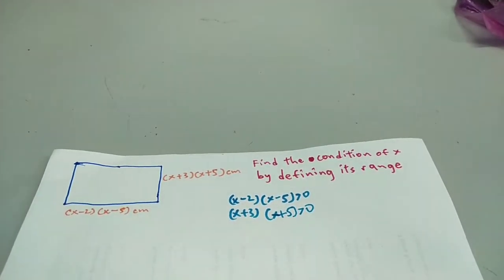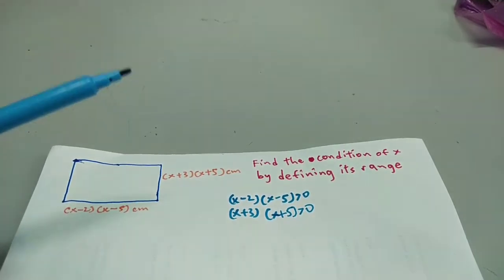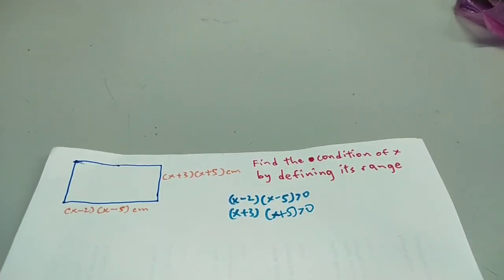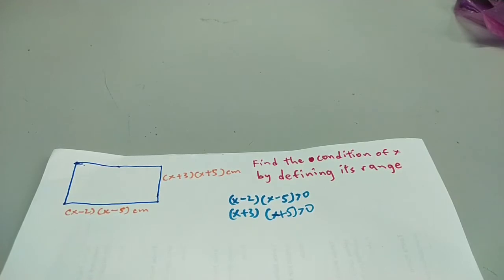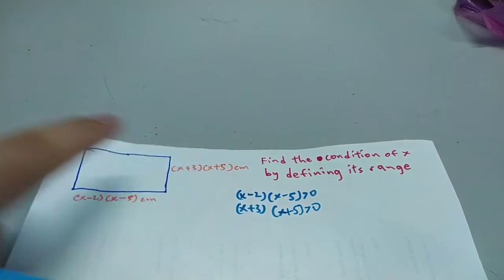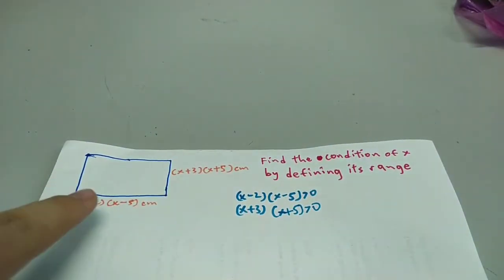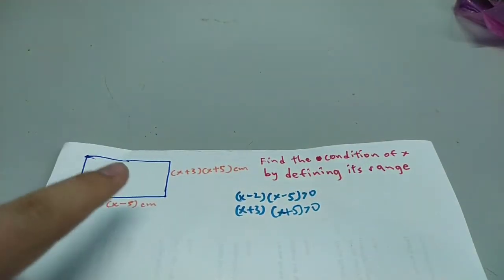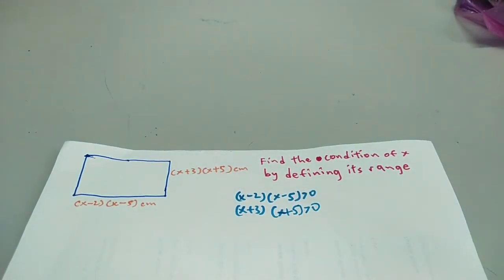And we have to be aware of one more thing. As I said in the previous video, when we solve for x and get possible solutions, when we substitute each value of x into the length and width, we must get that the length and width are positive at the same time.